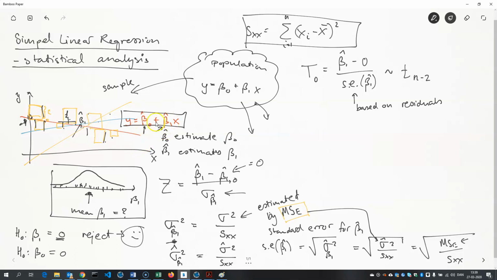How do we find these numbers? Well, we use the data to compute those numbers. So we use up 2 degrees of freedom to compute those two numbers, slope and intercept. And that's why we have to subtract 2. Because finding this standard error here, we've already used the data twice. Therefore, it loses 2 degrees of freedom.